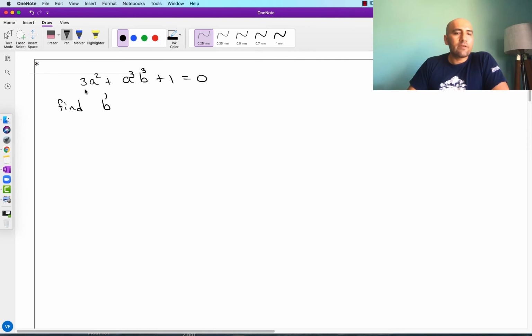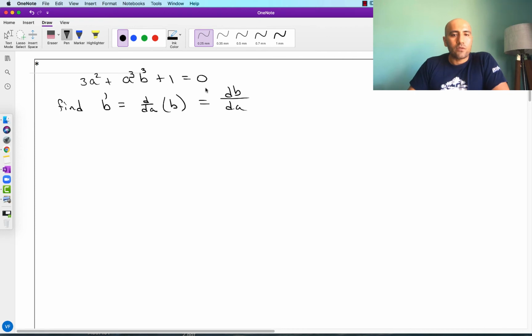Okay, so if we're given 3a squared plus a cubed b cubed plus 1 equals 0, find b prime. By the fact that they're asking you to find b prime, it must mean that the other variable is the variable of differentiation. This must be equal to dB dA.